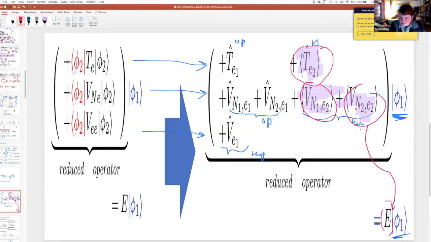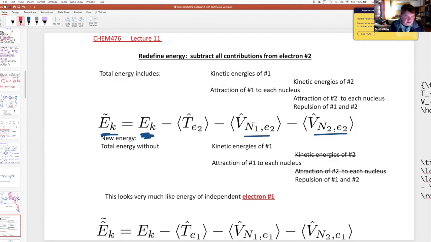This stuff that I symbolized by the red line is expressed by the slide here. So I define it as energy tilde, and I subtract these three terms, which are expectation values.